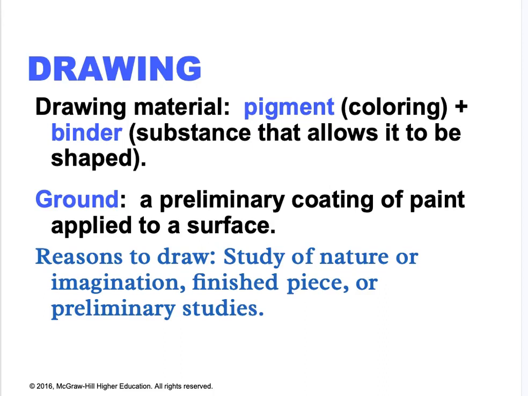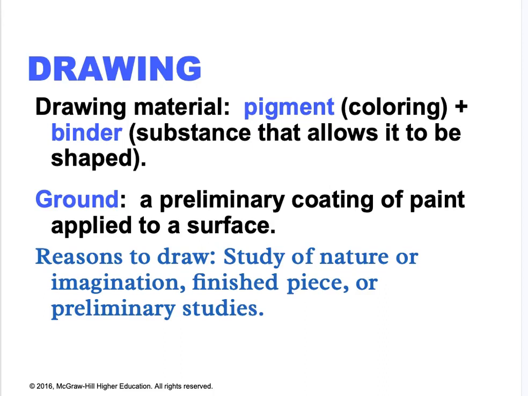Many of the materials we'll talk about today have to have some sort of coating put down first on the paper or canvas or whatever you're writing on to make that drawing material, the media itself, whether it's graphite or metal point or pastel, leave itself as you make the mark, if that makes sense.